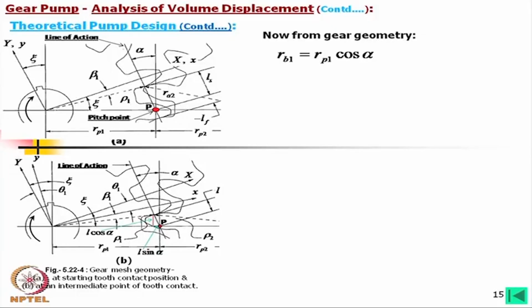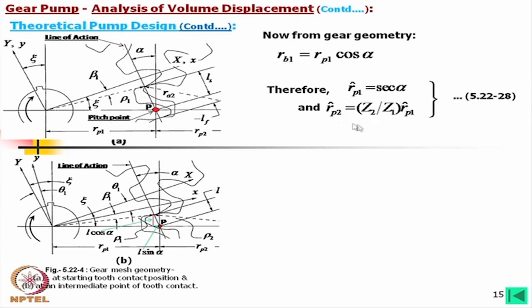So, if we derive R P 1 in that way, then we have to consider the working pressure angle. But if we consider this as standard, then we should consider the standard pressure angle. Anyway, this expression is that R P 1 is equal to sec alpha.